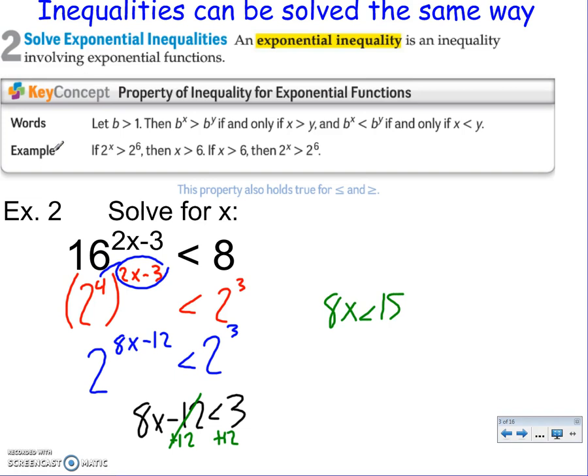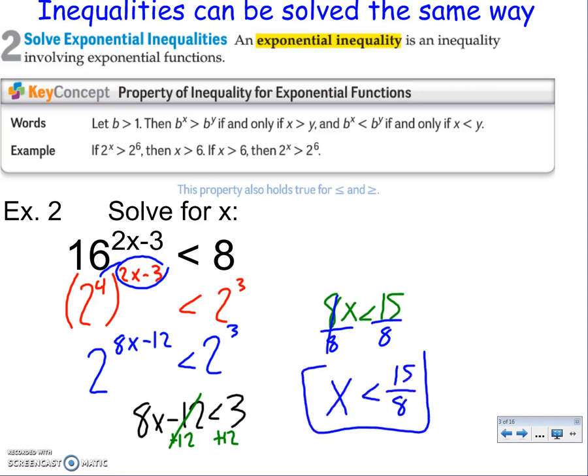And then we're going to divide by 8. Now that's a fraction. Let's leave it that way. There's our answer: as long as x is less than 15 over 8, that inequality will always be true. This works for any type of inequality, even if it's less than or equal to, and greater than or equal to.